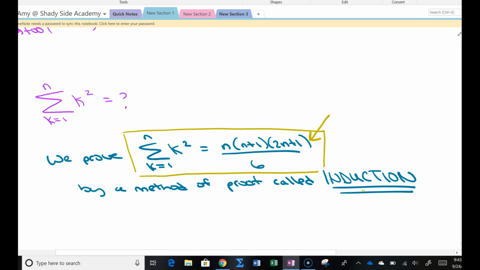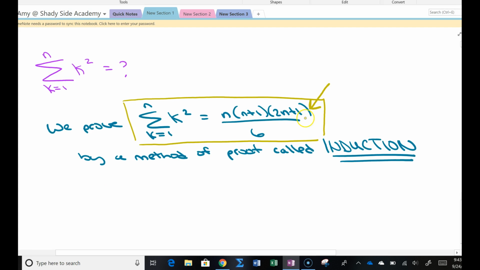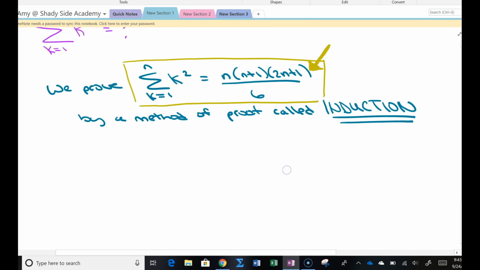If you don't care about the proof and you don't want to watch it, you could stop now, because the proof by induction is going to take about a solid 10 minutes. No offense if you don't want to watch the proof, but you do need to know this is the outcome. Whether or not you want to know why, that's up to you. I'm going to now go into the proof by induction.